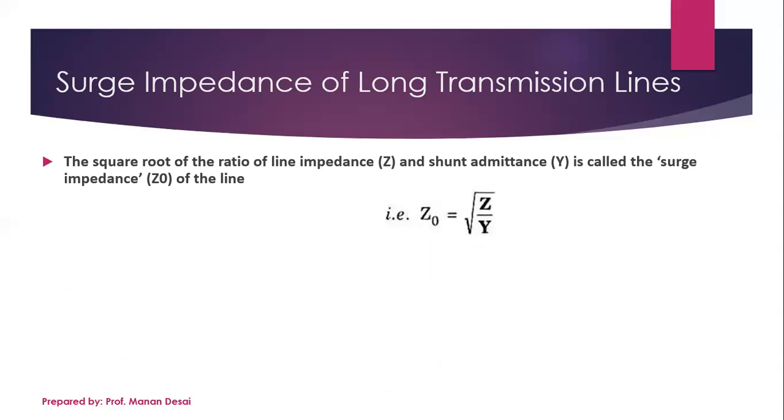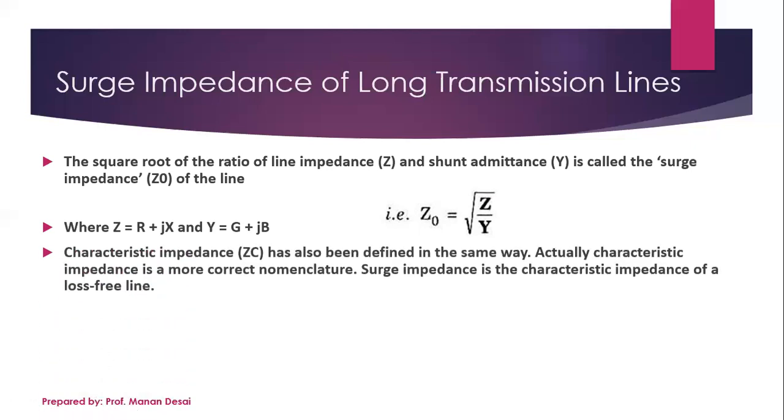As you see in the equation, Z0 is equal to under root Z by Y, where Z is equal to R plus jX and Y is equal to G plus jB. Characteristic impedance ZC has also been defined in the same way. Characteristic impedance and surge impedance are almost the same; actually, characteristic impedance is the more correct nomenclature. Surge impedance is the characteristic impedance of a loss-free line.